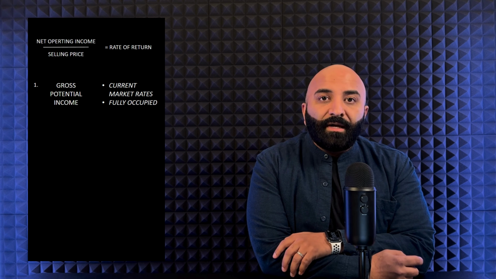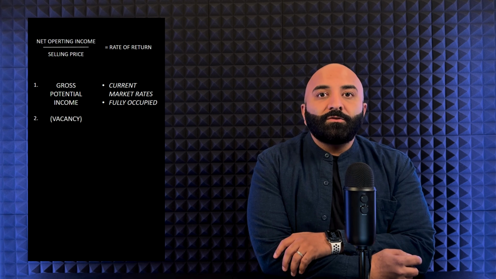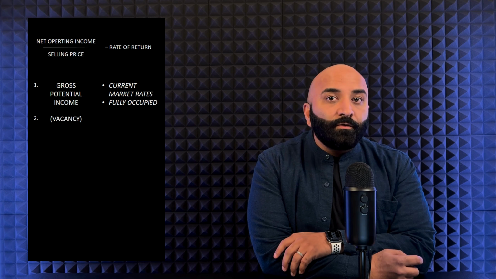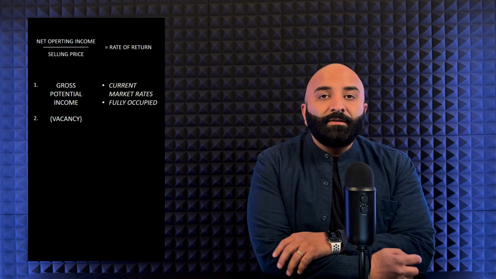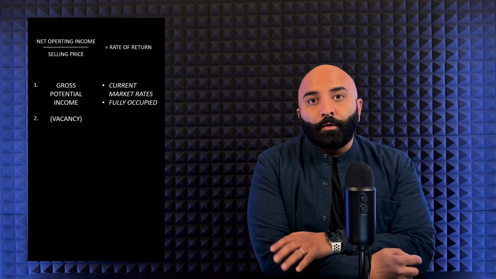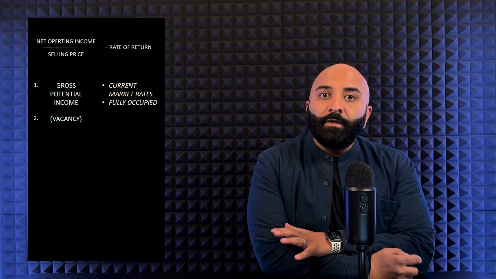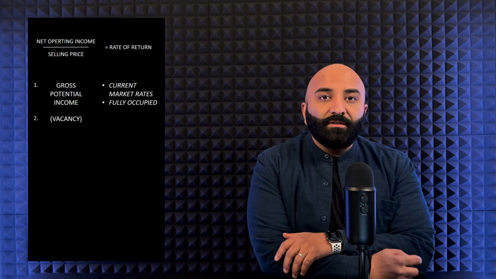Gross potential income. Wonderful. But you have to be realistic, and you have to understand that, look, that's the absolute maximum that we could get, but there's going to be vacancies. You have to assume that over a period of time of owning this property, at some point, somebody's going to leave early, or we'll have trouble finding a tenant. Whatever it is, there's going to be vacancies.